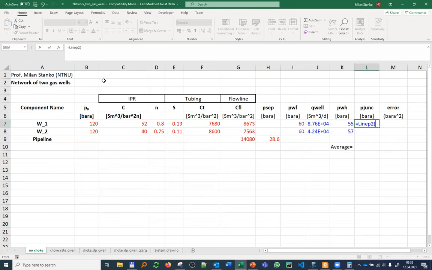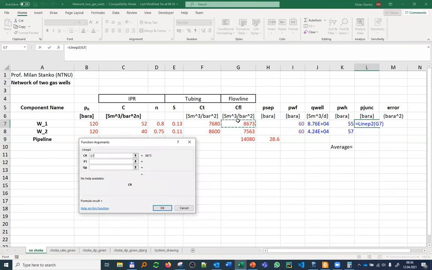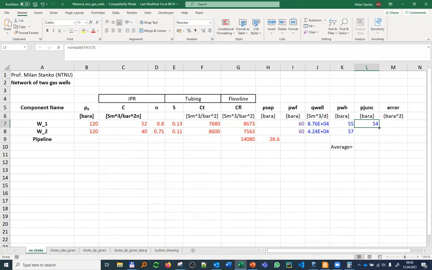Again, I'm moving from the wellhead to the junction, moving with the flow. So C, then P1 is this one, then Q is this one. There is almost no loss there also, close to 1 bar.